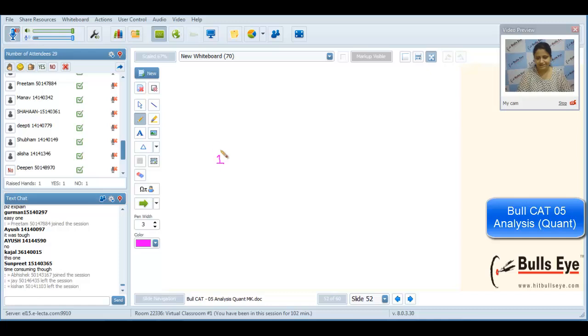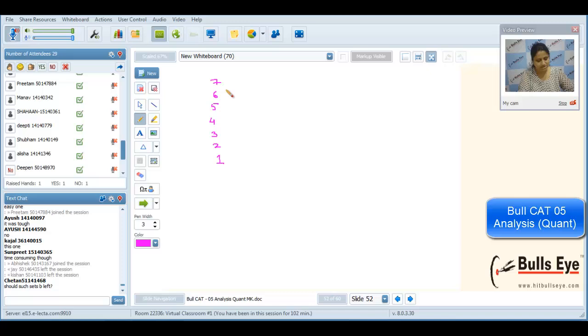I'm writing all the hints: 1, 2, 3, 4, 5, 6, 7. No, Chetan, you should not leave these kinds of sets if AR is your strength. If you are not comfortable in AR, then you can skip this. There are 7 floors. The very first hint says the driver lives on the 4th floor.